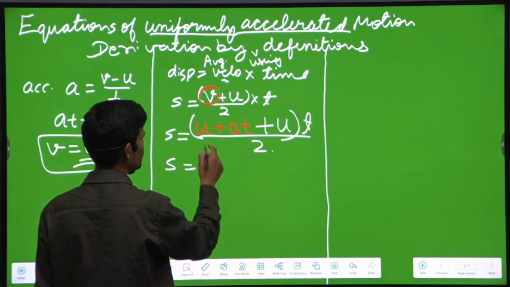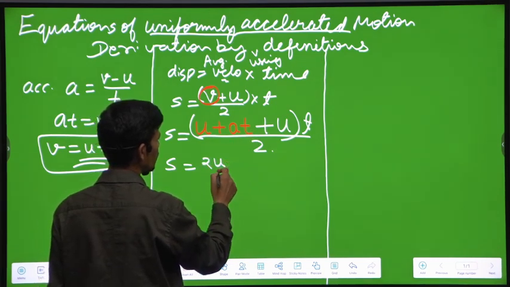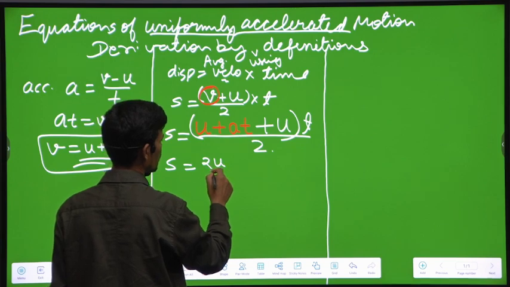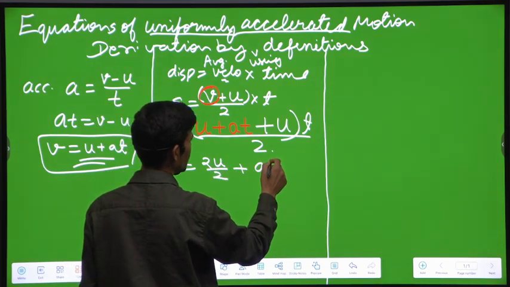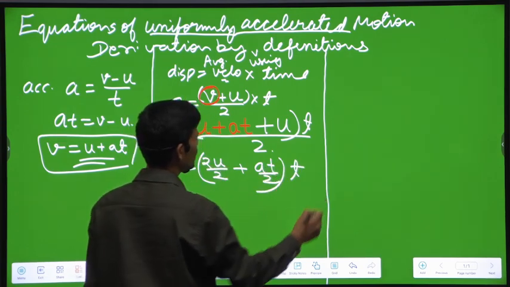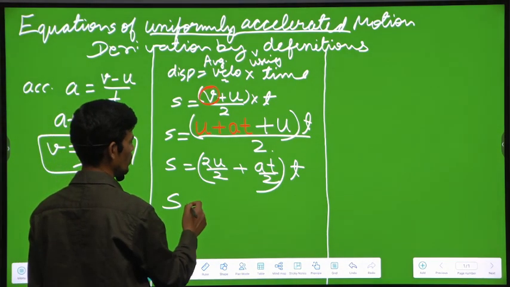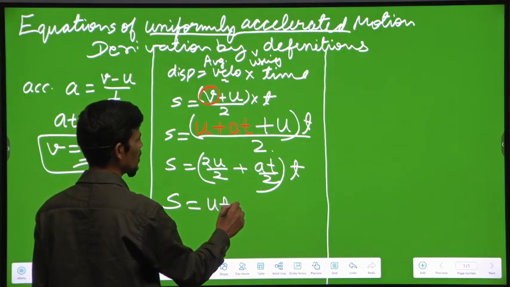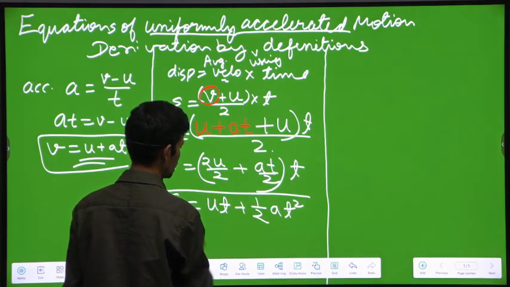So it will be 2u divided by 2, and at divided by 2, multiplied by t. So finally 2 will get cancelled, t will be multiplied inside, ut plus half at squared.